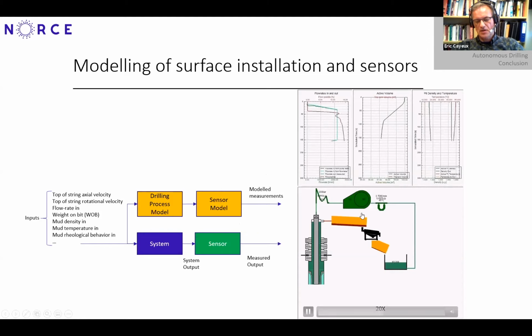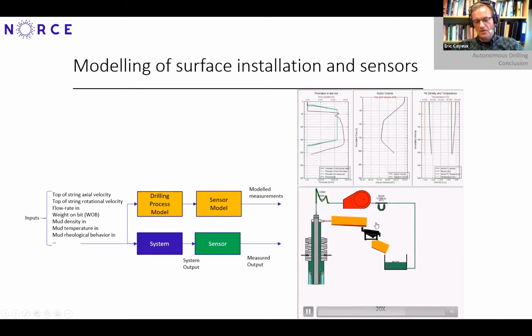And you can see here that we also have transient models for how the fluid is transferred from the well outlet to the pit by accumulation into the flow lines, the shale shakers, and so on and so forth.